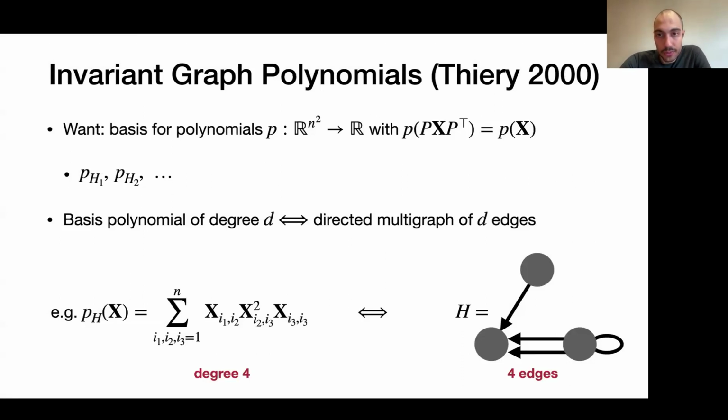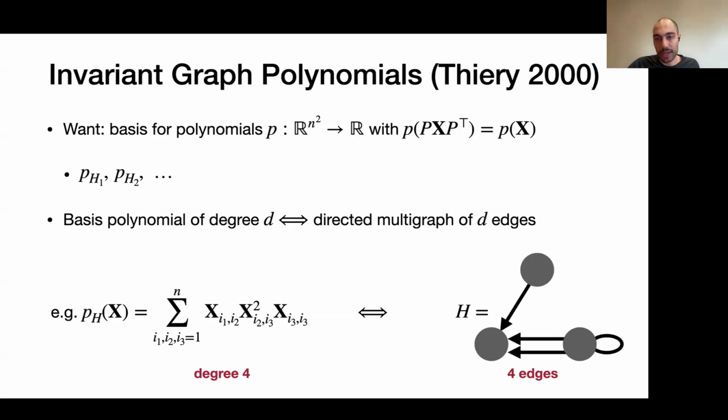Previous work has shown how to get a basis for invariant polynomials. Here, invariant is what I said earlier, which is a graph level task. You have a function from, let's say, an adjacency matrix to a number, and you want this to be invariant to permutations of rows and columns. And a basis for any polynomial of degree D corresponds to a directed multigraph of D edges.